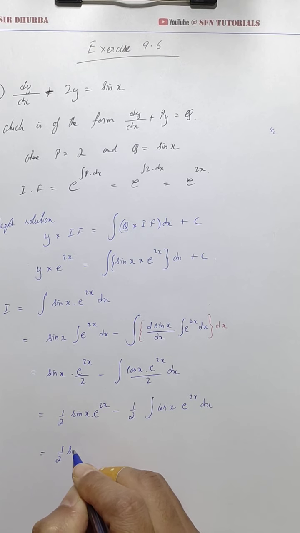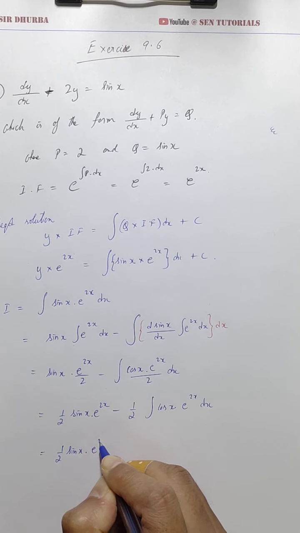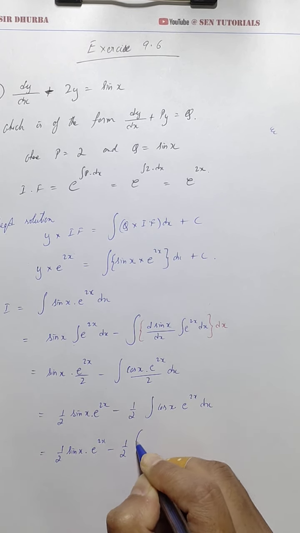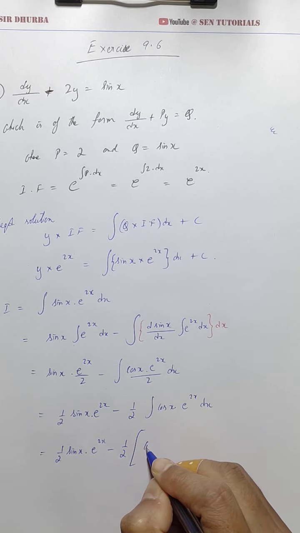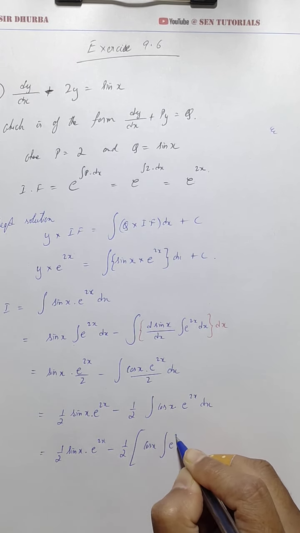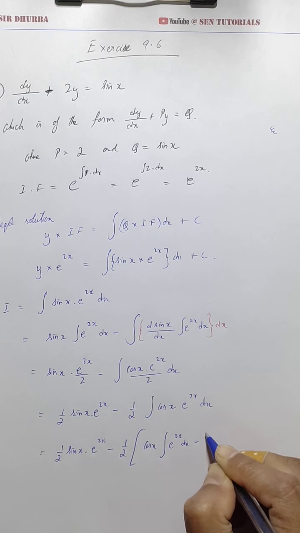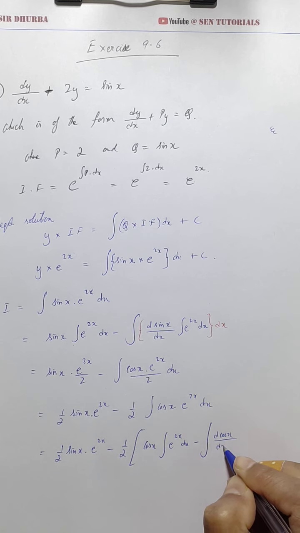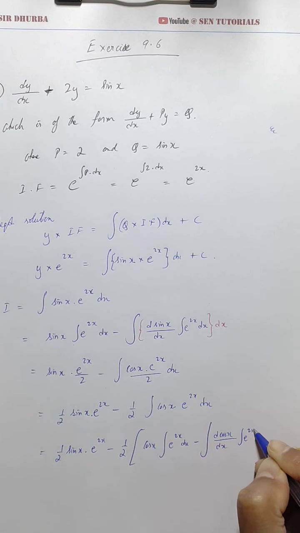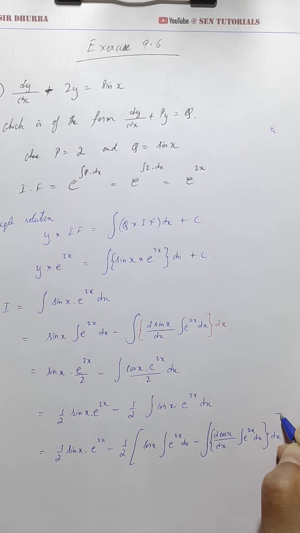I'll have to integrate this once again: cos x into the integral of e to the power 2x, minus the integral of the derivative of cos x into the integral of e to the power 2x with respect to x.